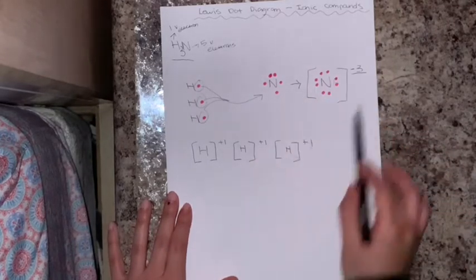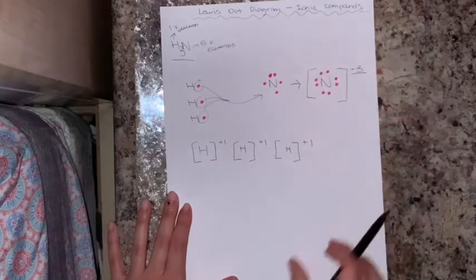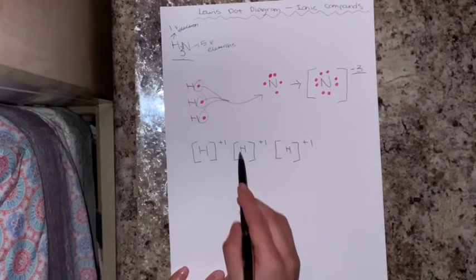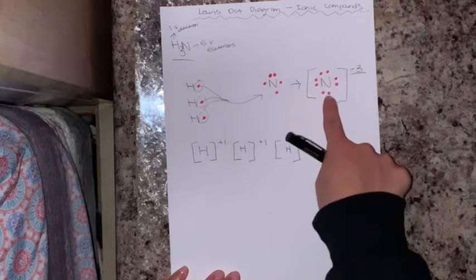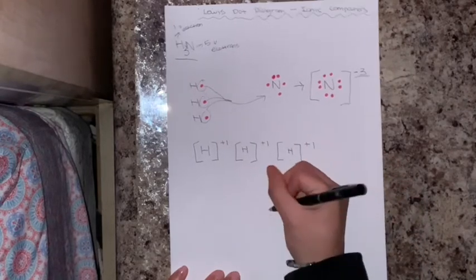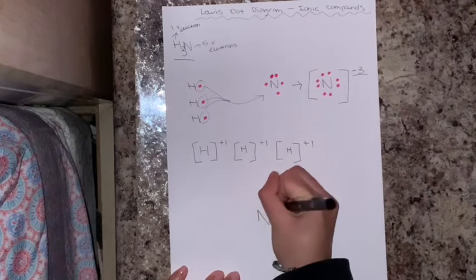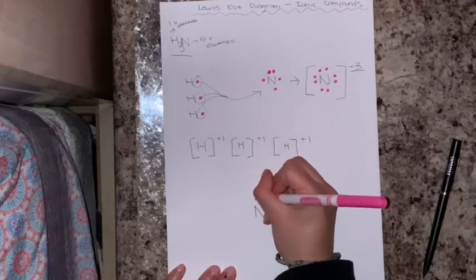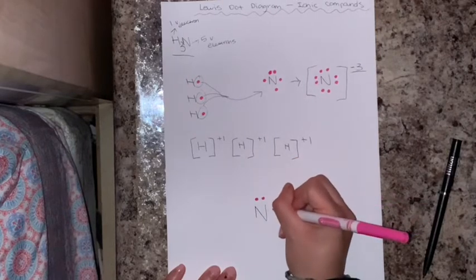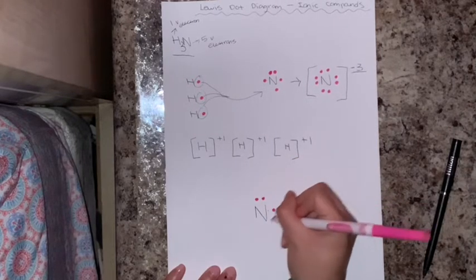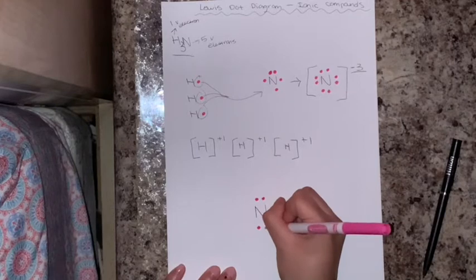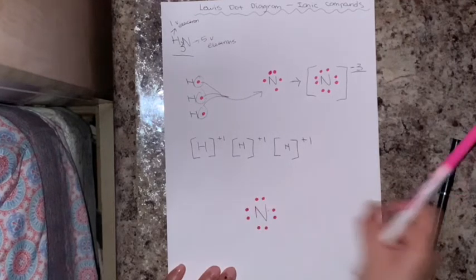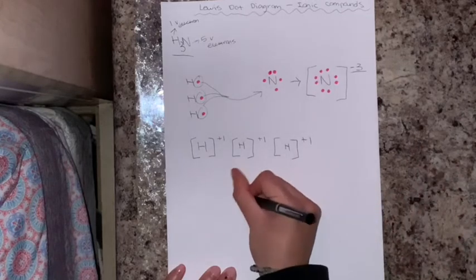And so now we're going to combine the diagrams, and we're going to put nitrogen in the middle because remember, hydrogen has an exception to the second step, which is putting the least electronegative symbol in the middle. So nitrogen is going to be in the middle, and hydrogen is going to be on the outside.